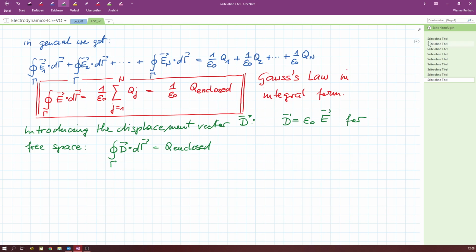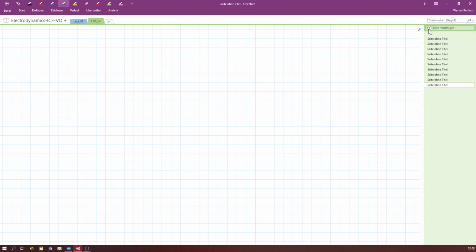So let's keep in mind this relation and switch to the next page, applying the divergence theorem to this relation, D dot d gamma equals Q enclosed over the closed surface gamma.